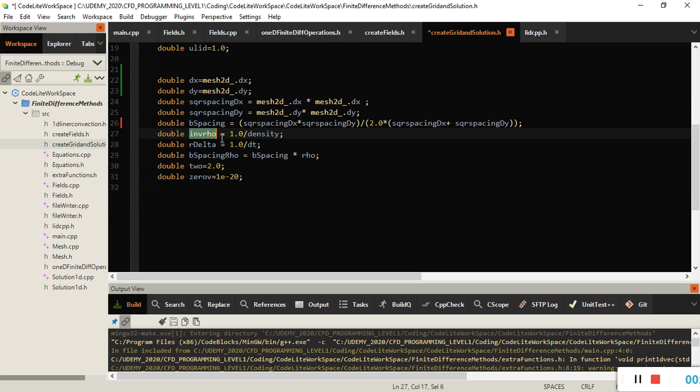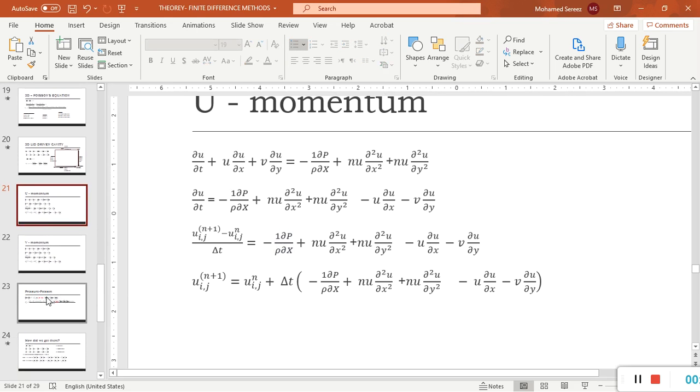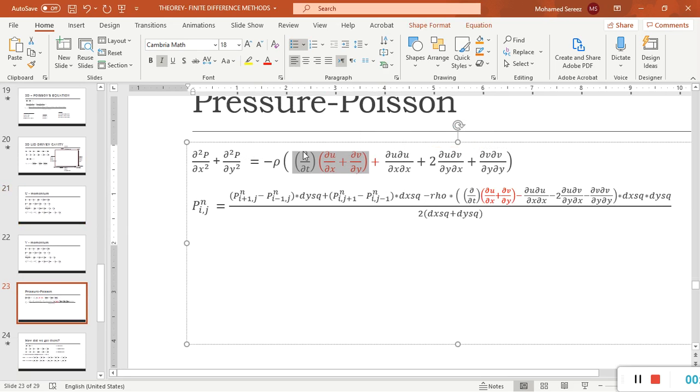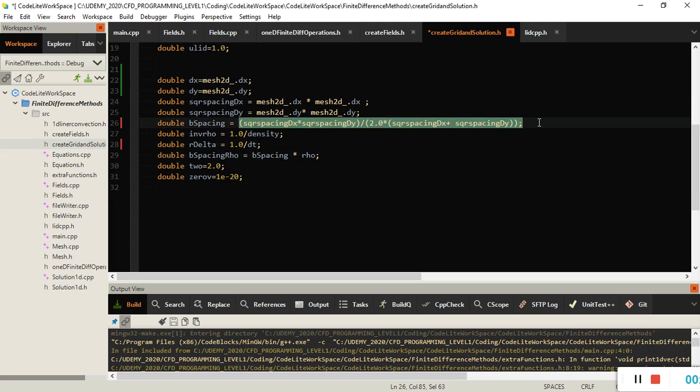So I'm saying that inverse rho is 1 over density, and r delta t, which is needed in the pressure Poisson equation, because I said we will multiply the divergence with 1 over delta t. So r delta t is simply 1 divided by the solution time step size, and b spacing rho is this guy multiplied by the density.